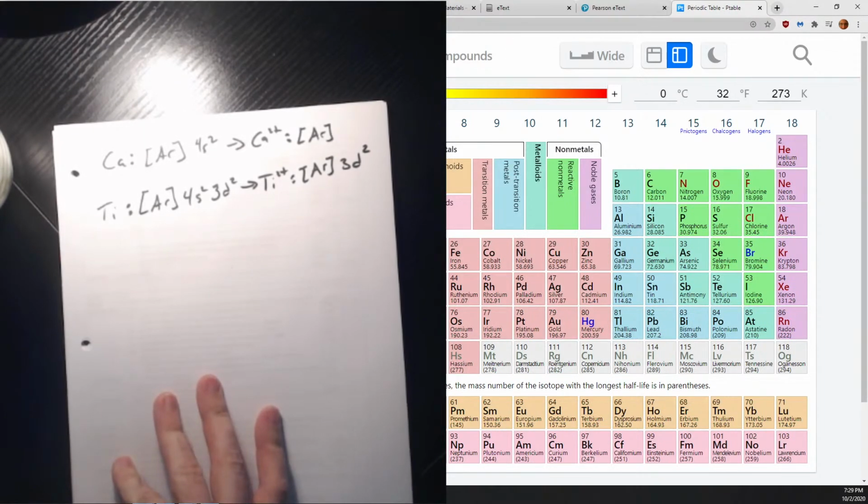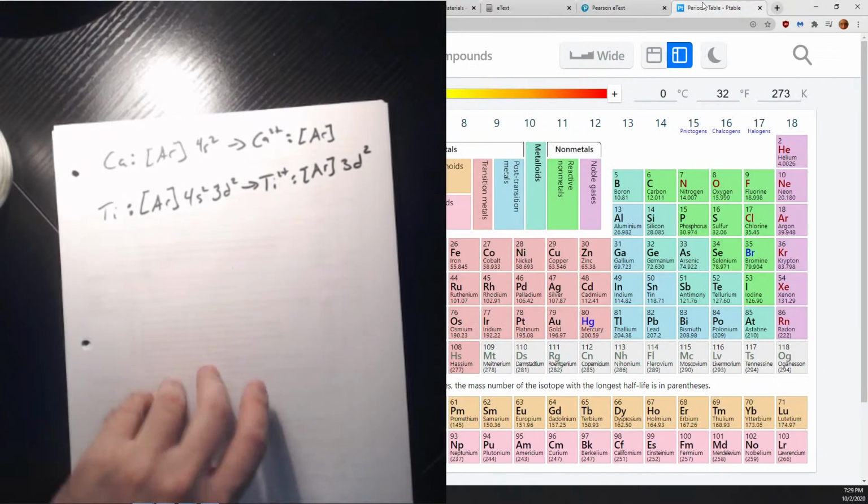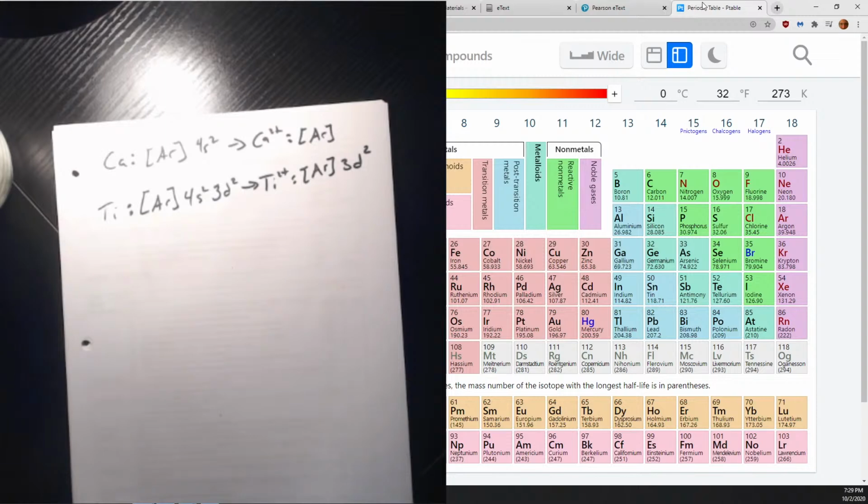Wait, only 4? Oh, 2 elements that have 4 unpaired electrons. Oh, okay. So I can't just identify unpaired electrons. I'm going to have to go through and, okay.